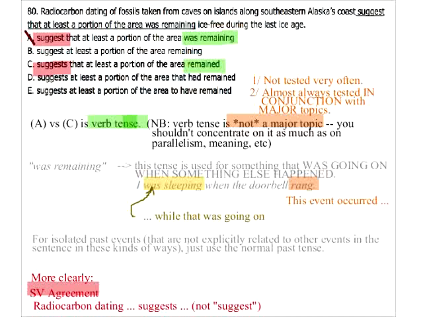So here we have one isolated fact about the past. These parts of the coast were free of ice. And that's it. It's not they were free of ice while anything else happened, and it's not anything else happened while they were free of ice, and it's not they had been free of ice before this occurred. It's not any of those. It's like there's one random fact about the past here, and that's it. And so you use the past tense.